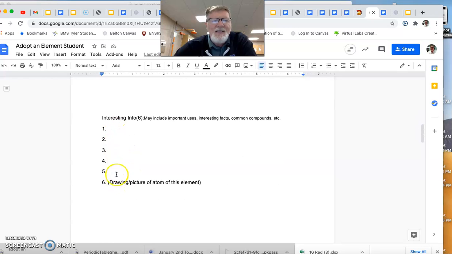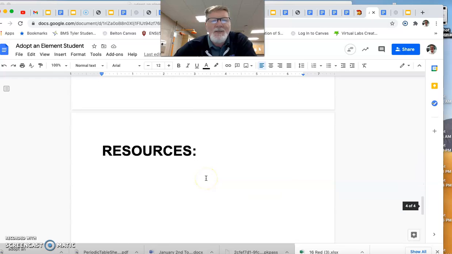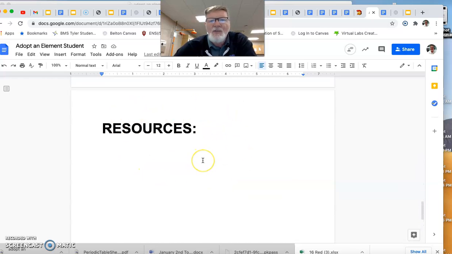And then six interesting pieces of information or facts about your element. Could be uses, or compounds that are produced involving this element. The final thing is make sure you include a picture or drawing of the atom for this element. You'll do that for two different elements, and then make sure you include your resources here.